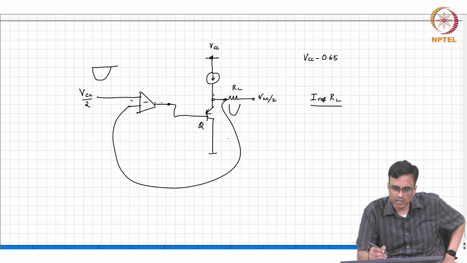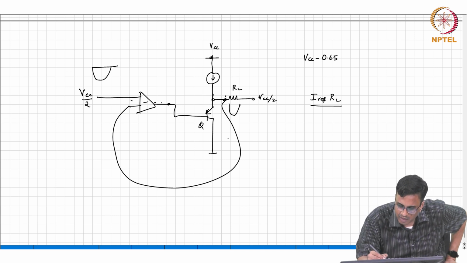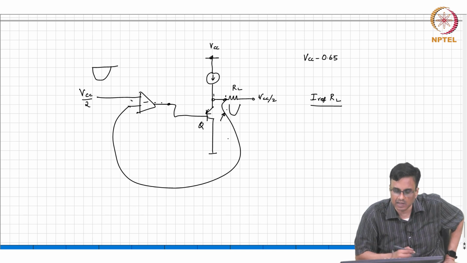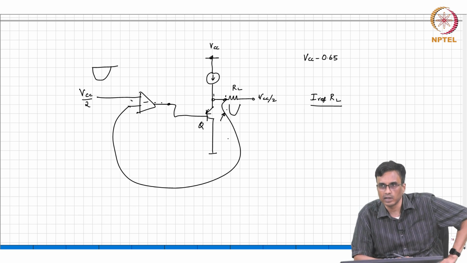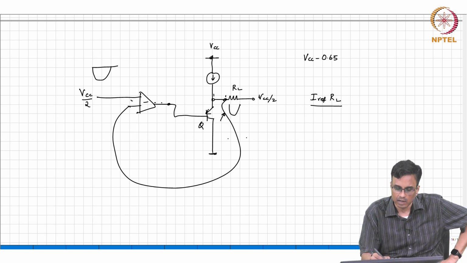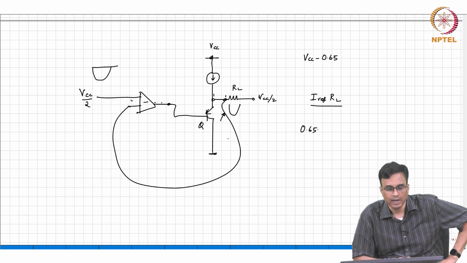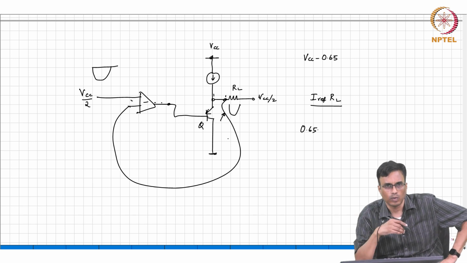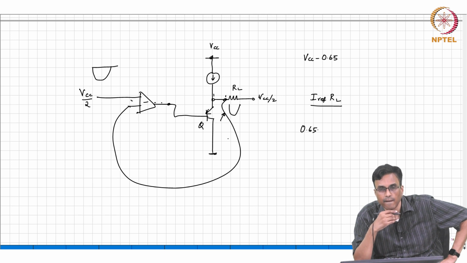So, what is the lowest potential there before the transistor goes into the saturation? It's plus 0.65, right? Whereas on the high side now, what happens?